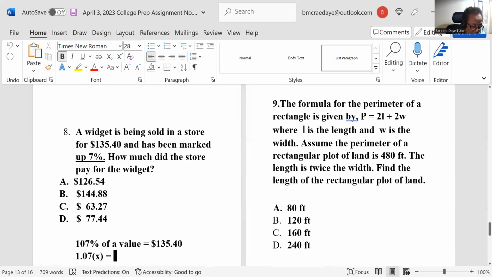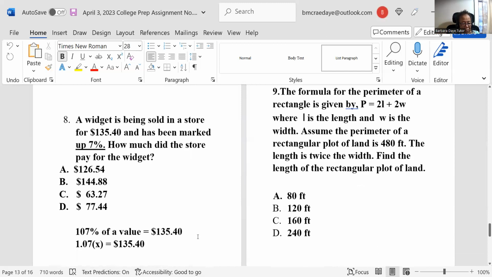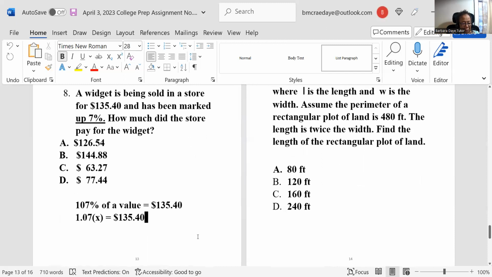So how would you solve for X, Mercedes? 107% of a value, because it's a markup. We're trying to find what they paid for it. How would you solve this equation for X? You divide.